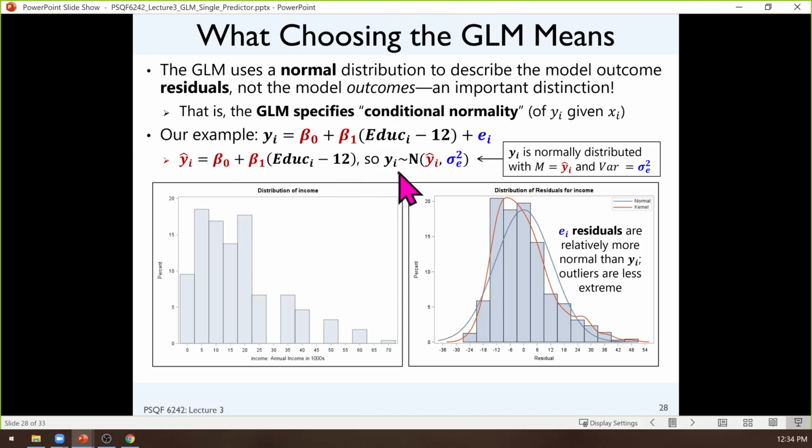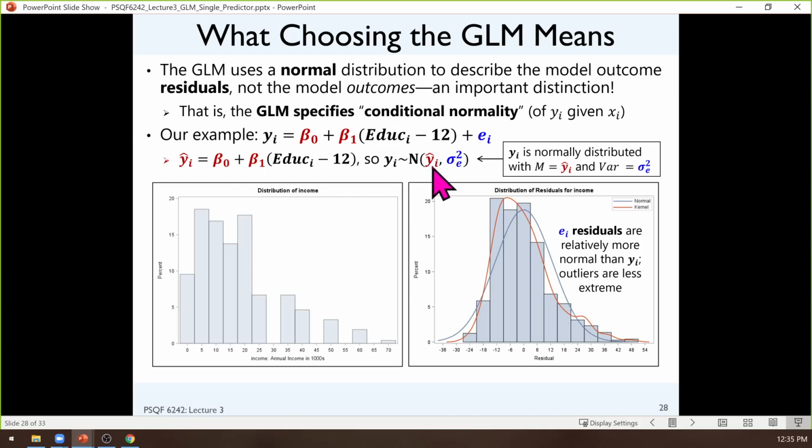So the way that this is written, in terms of expressing marginal, what y looks like originally, versus conditional, meaning the leftover e part of y, is like this right here. We say that y sub i is normally distributed, so that little squiggle tilde thing means distributed as. It's distributed as y hat sub i.